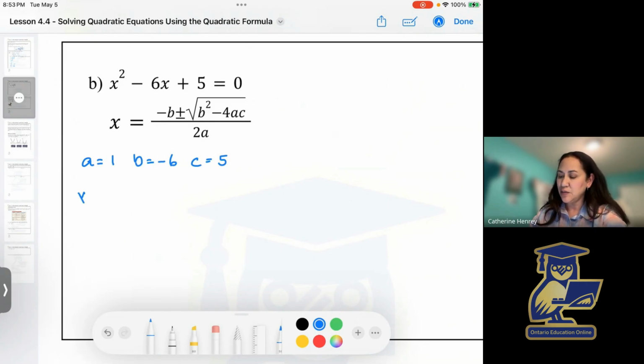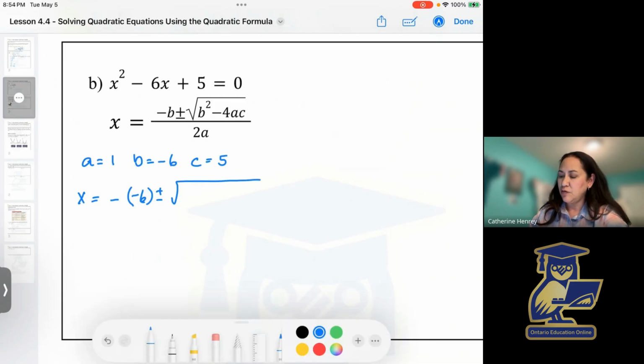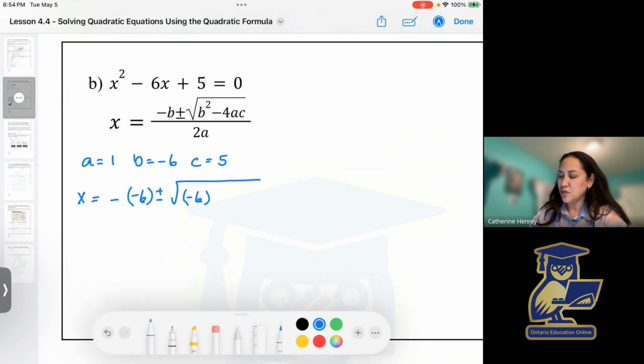So x is equal to negative b, and b is negative 6, plus or minus the square root of b, which is negative 6 squared, minus 4 times a, which is 1, and c, which is 5, all divided by 2 times a, which is 1.